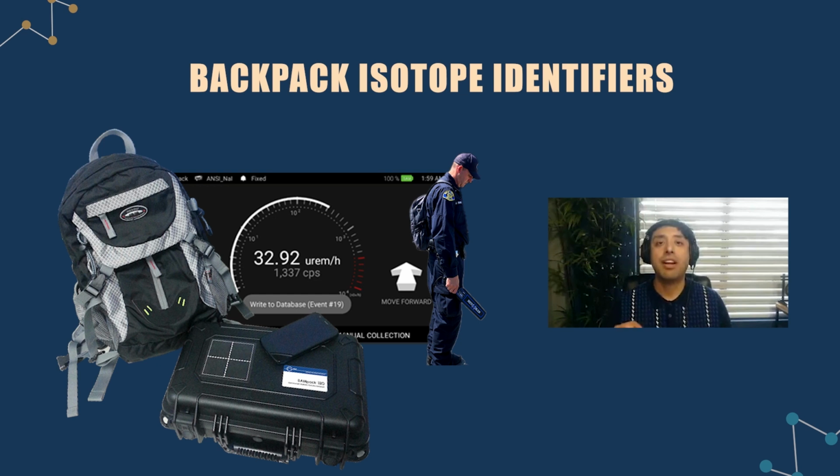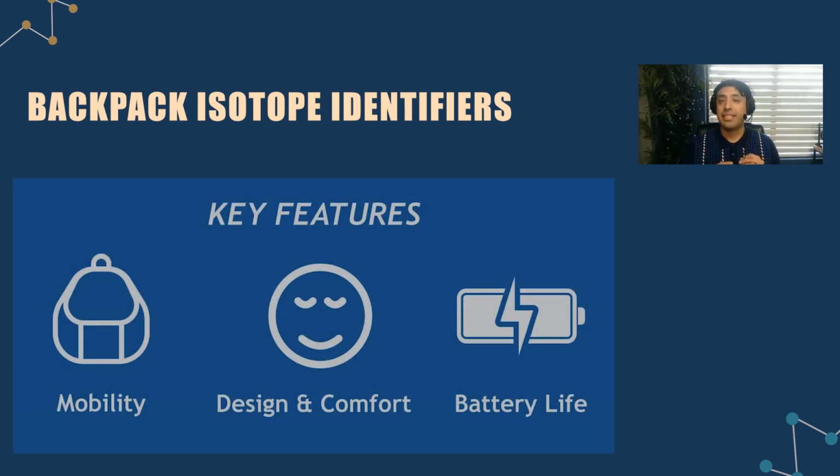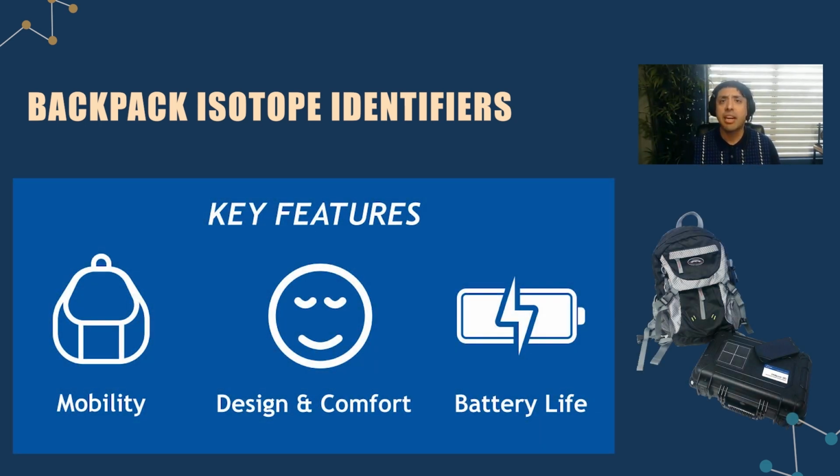Backpack isotope identifiers are designed with the user in mind. So, a wearable solution that frees up the hands for other tasks while significantly increasing the detection capability and battery life compared to their handheld counterparts, that's why you would go with one. The design philosophy ensures that users can carry out prolonged monitoring or investigation tasks with greater efficiency and comfort.